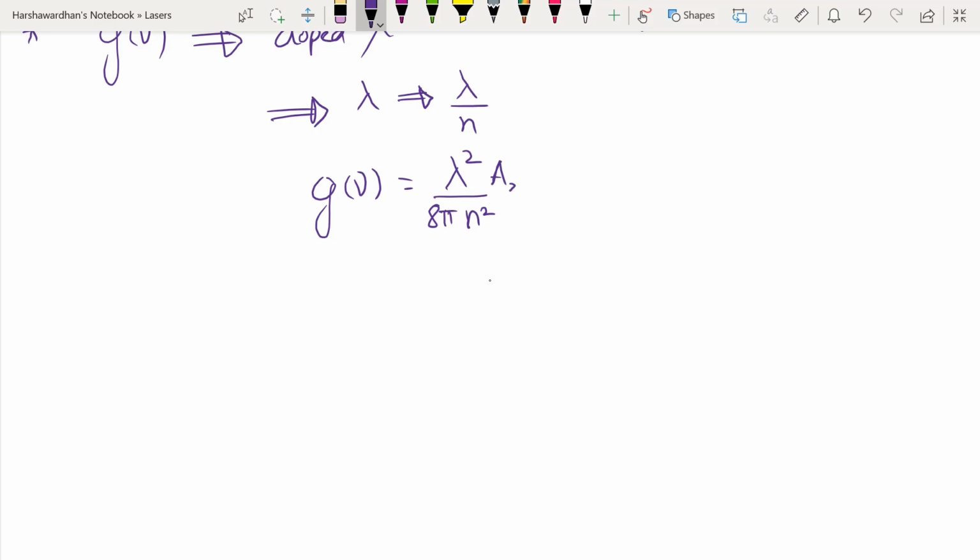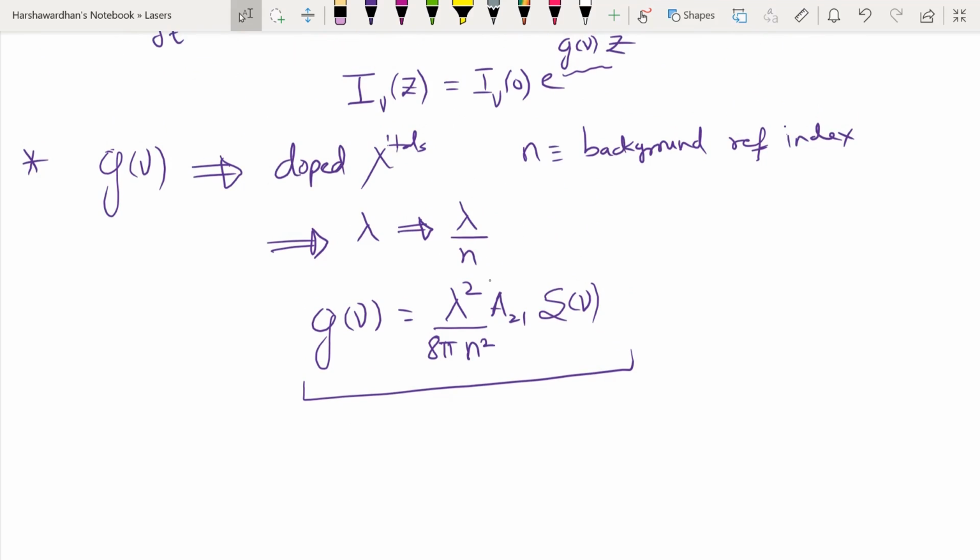A21 is of course there, and there is s(ν), which is the line shape function. This basically captures for us the gain coefficient when you have a background refractive index which is different from that of vacuum. So we have introduced the gain coefficient, and we have seen how it depends on the population as well as the scattering coefficient.